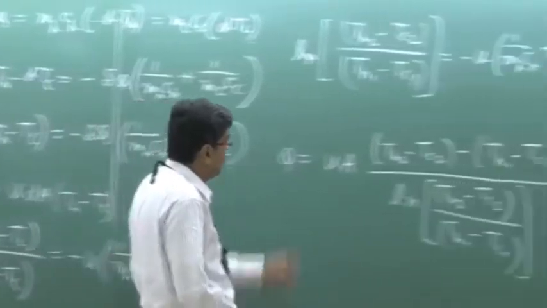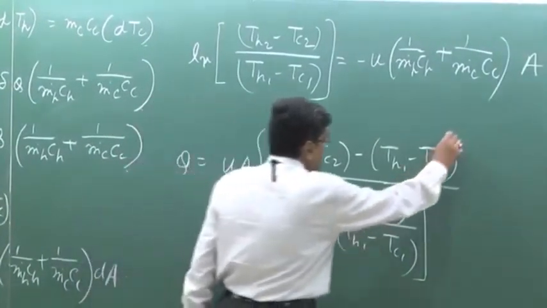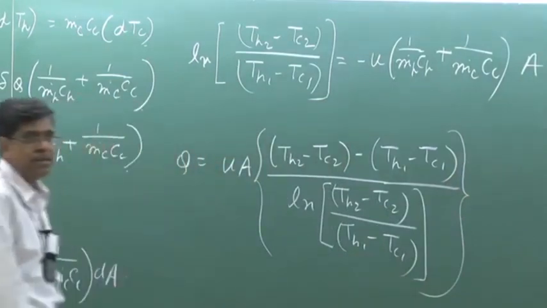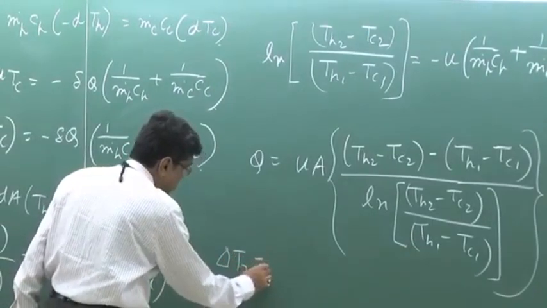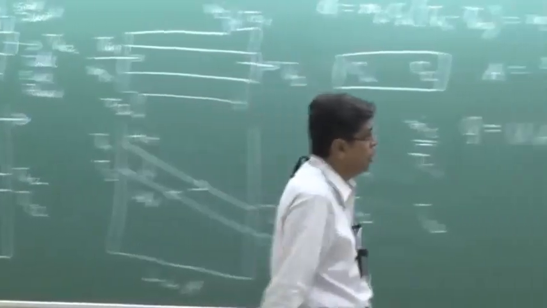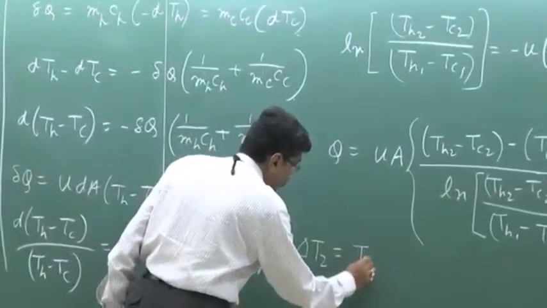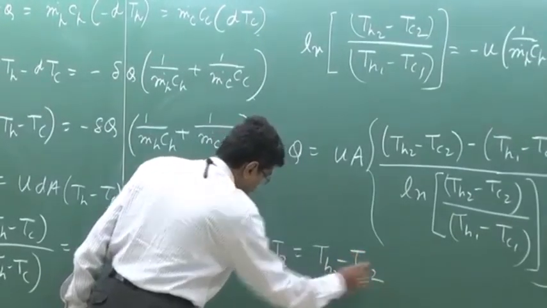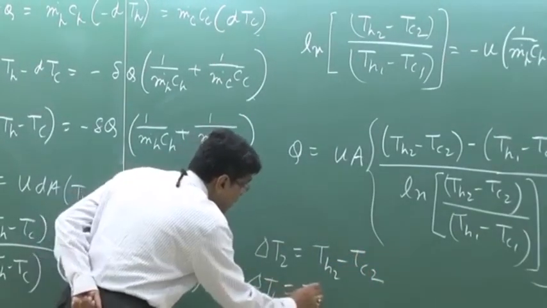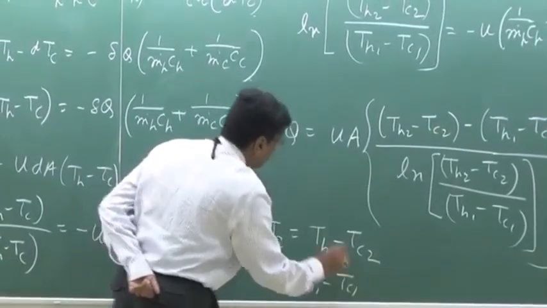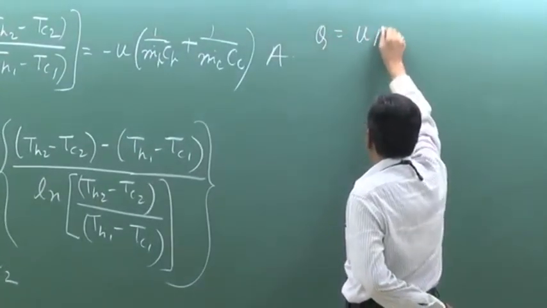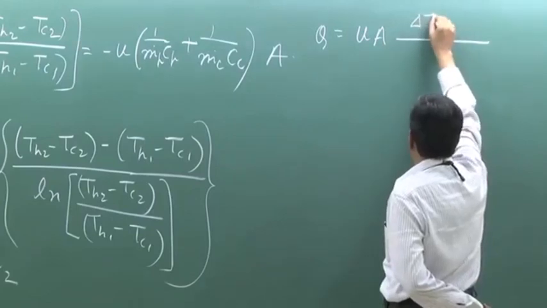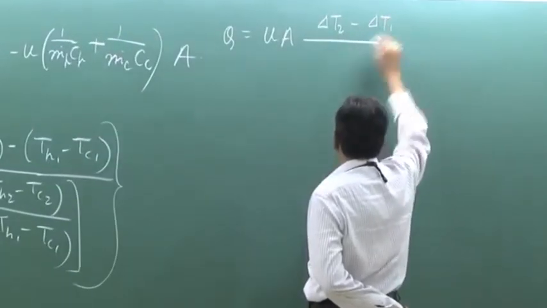That means here the entire thing is a mean temperature difference, delta T. Now if I define delta T2 as the temperature difference at the outlet in case of parallel flow, that equals TH2 minus TC2, and delta T1 is TH1 minus TC1, then this can be written as Q is equal to UA times (delta T2 minus delta T1) divided by ln of delta T2 by delta T1.